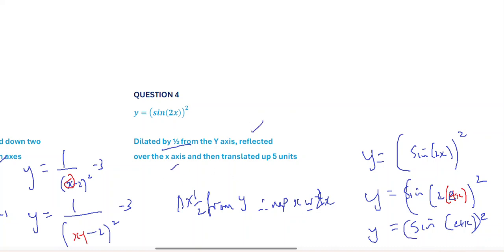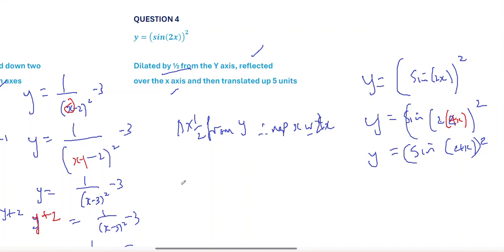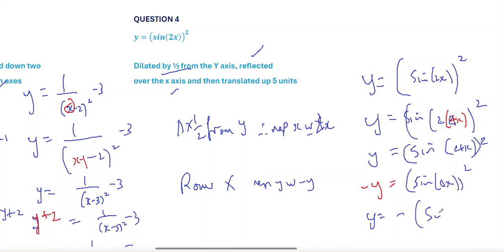Reflect it over the x-axis. To reflect over the x-axis, we replace y with negative y. So I'm going to have negative y equals the sine of 4x squared, which means y equals negative sine of 4x squared. And then translate it up 5 units. Replace y with y minus 5.